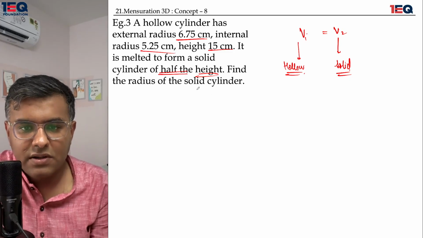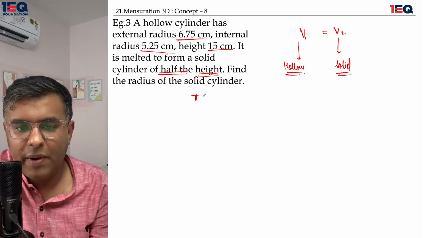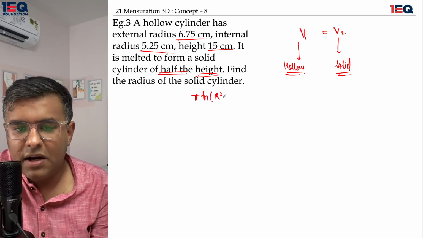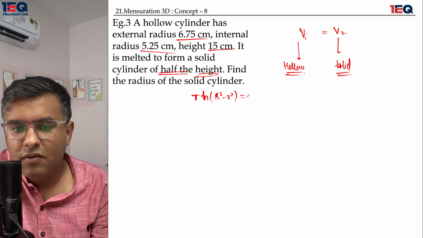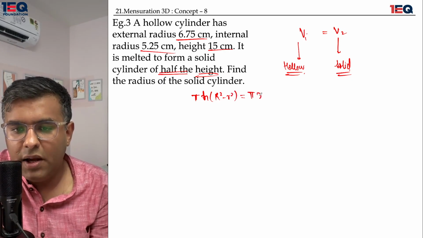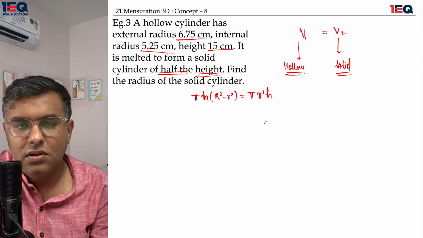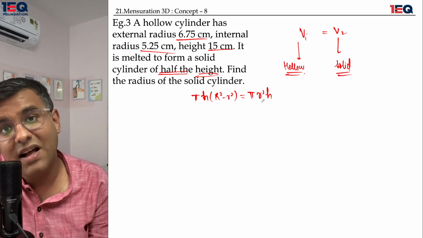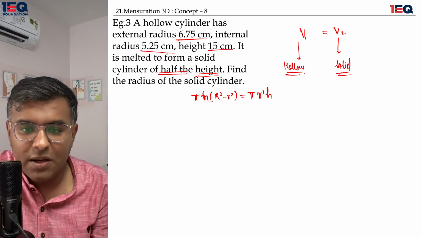So in the hollow cylinder, I'll use the same formula of pi h multiplied by capital R square minus small r square, which is going to be equal to pi r square h, right? The heights are going to be different. It has been said that the solid cylinder is going to have a height which is half of the other one. So I'll quickly put down the values.